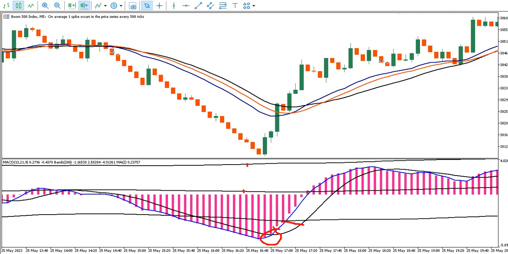So remember that from this to this is Boom 500. Which means that once you have seen this thing, once it's coming here is a spike. So you'll be taking this spike.